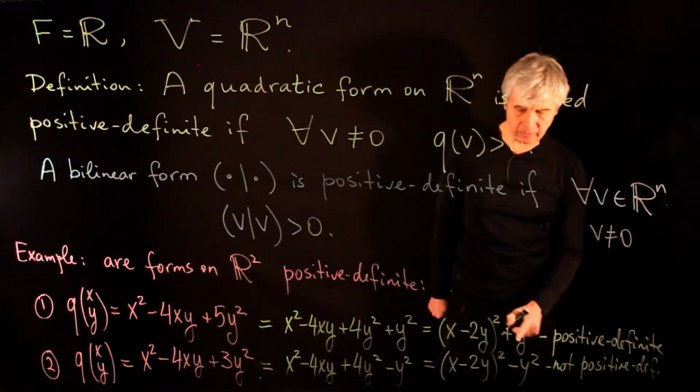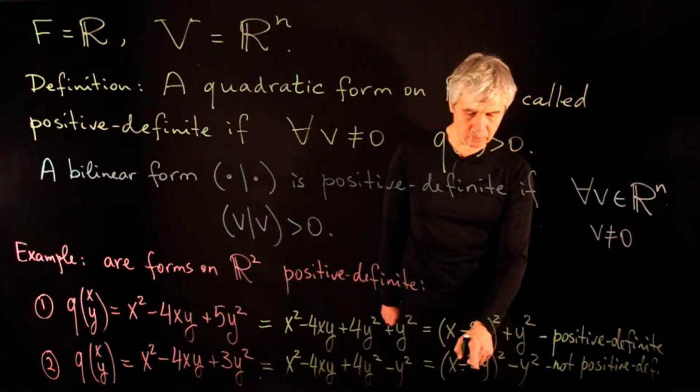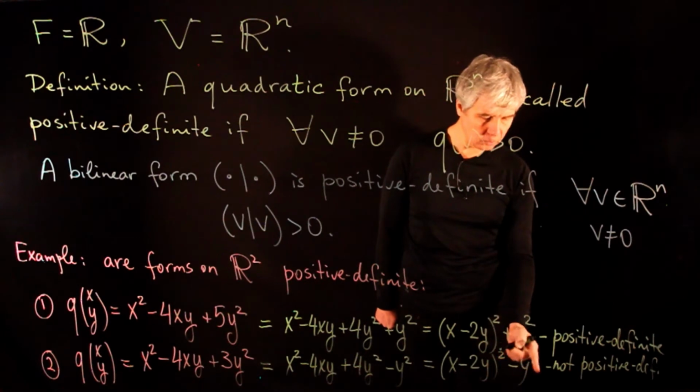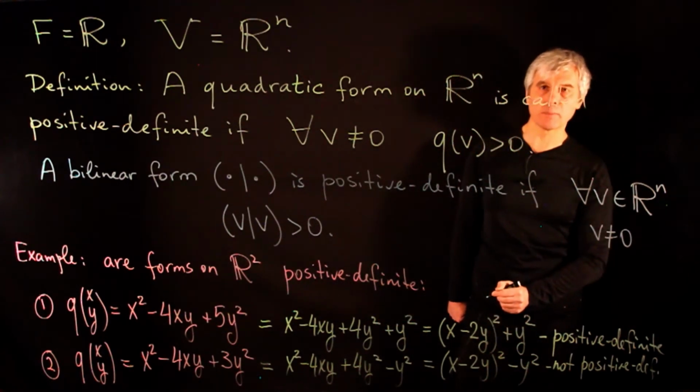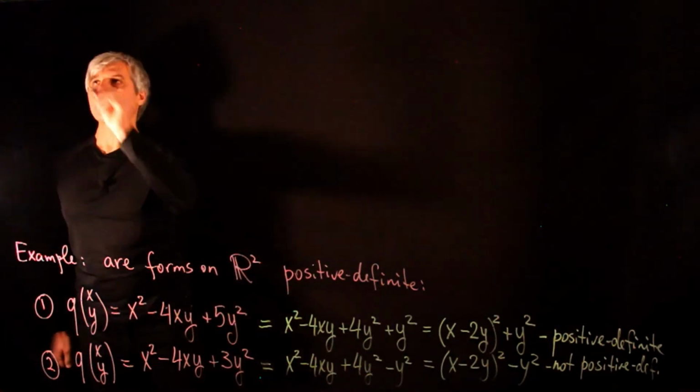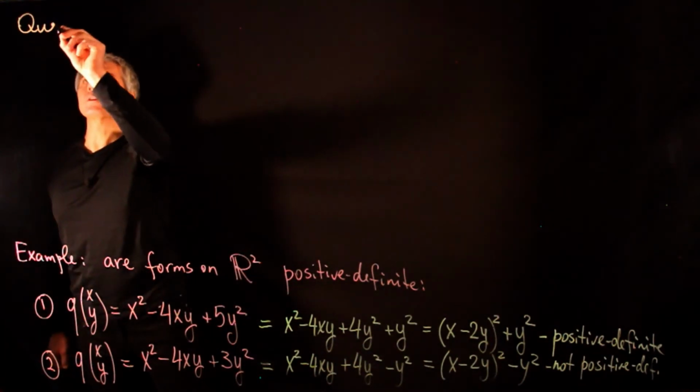So, for example, if we set x to be equal to 2y and y be non-zero, then the value of this quadratic form will become negative. This brings us to the following question.